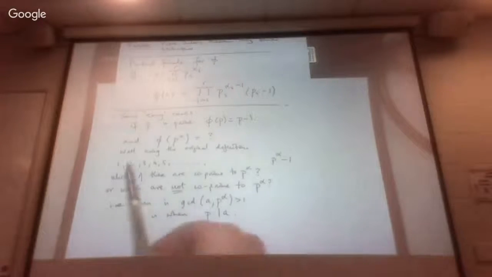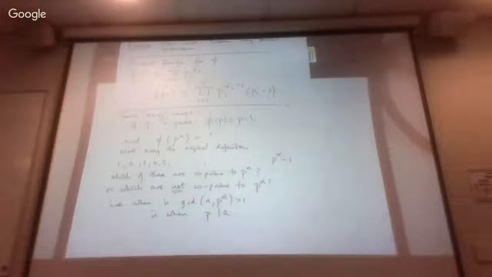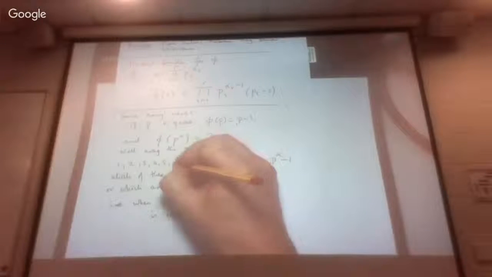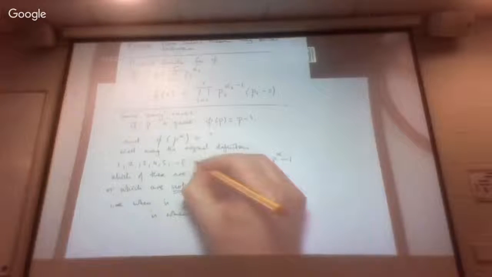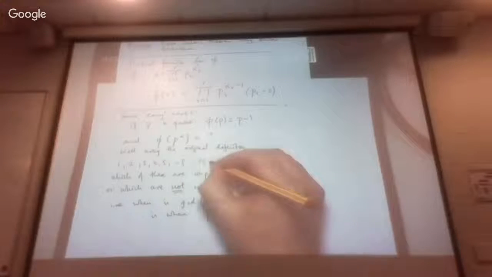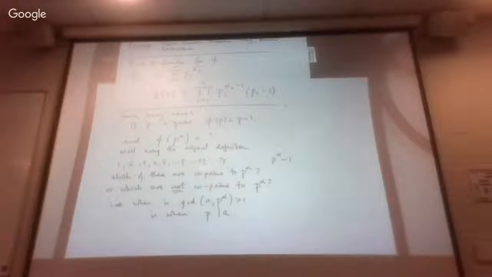So how many of these integers here have a factor of p in them? Well, somewhere along the list will be p itself. So that will not be co-prime to p to the alpha. Somewhere along the list will be 2p. Somewhere along the list will be 3p. You just have to look at all those numbers.